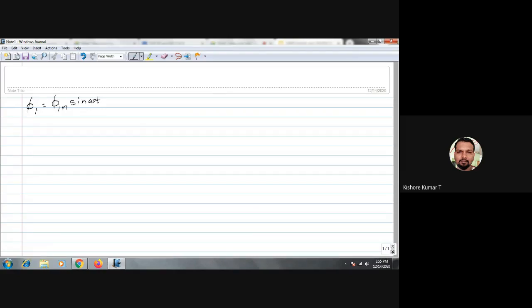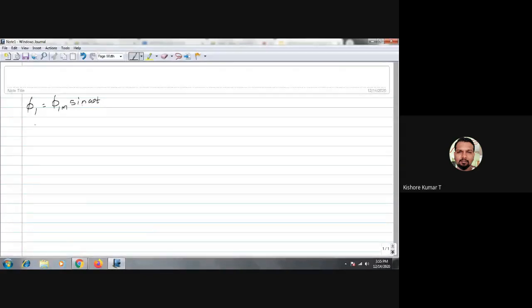Where phi 1 is the instantaneous amount of flux, phi 1m is the maximum value of flux phi 1, and sin omega t is nothing but with respect to the phase shift. Since it is a sinusoidal component, we are considering sin omega t here.